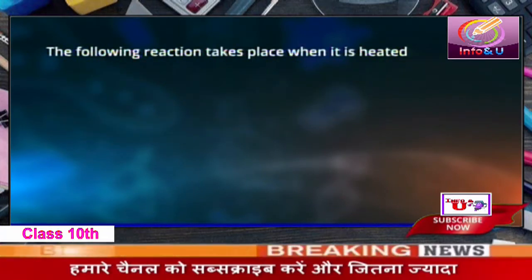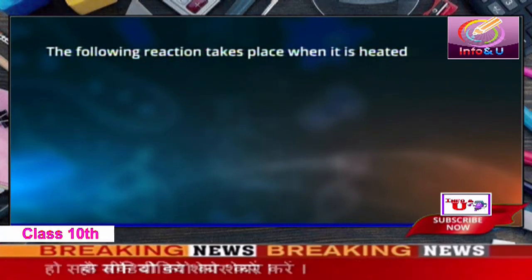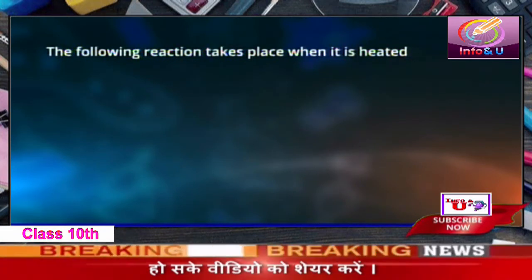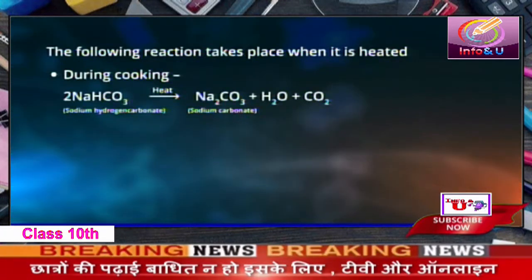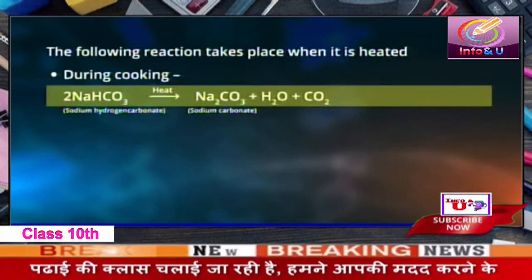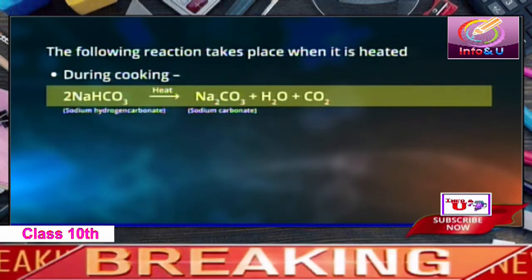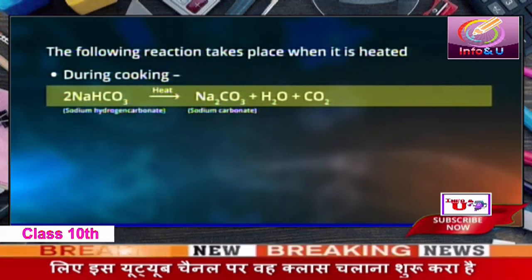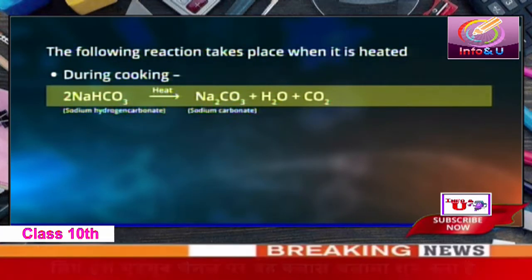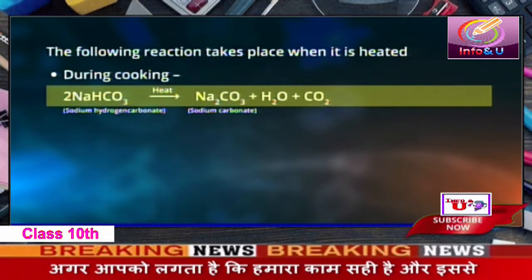The following reaction takes place when sodium hydrogen carbonate is heated. We should know why we use sodium hydrogen carbonate in making crispy pakoras, isn't it? So during cooking, what happens is that when sodium hydrogen carbonate is heated, it releases sodium carbonate, water and carbon dioxide.